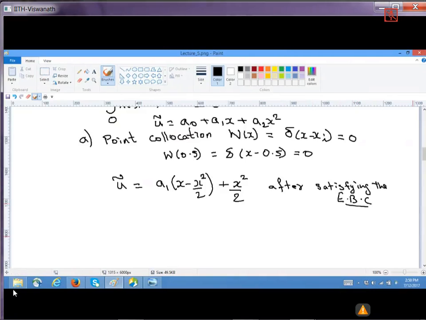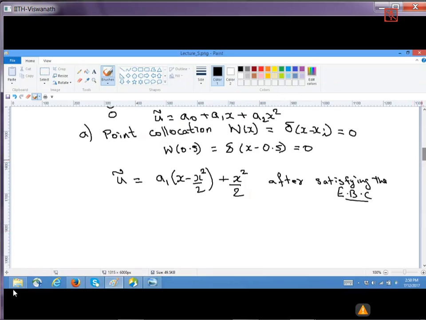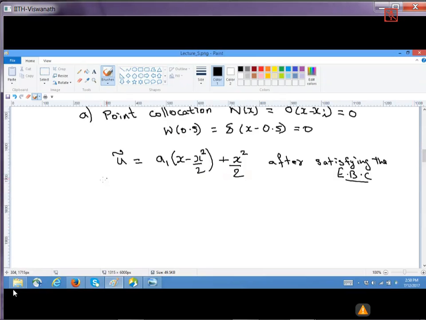So essential boundary conditions are nothing but your displacement boundary conditions. Now similarly what we have done, we took this u and substituted in our residue using this, and then we found out by enforcing the residue at r of 0.5 equals to 0, and then we estimated our a1.